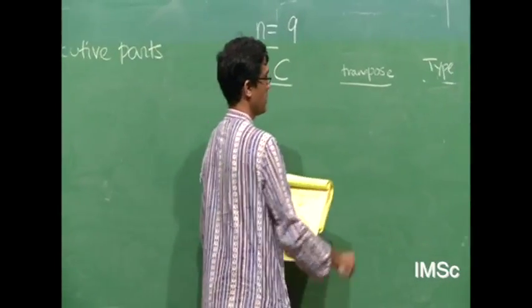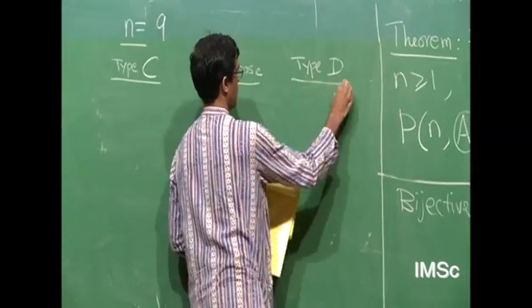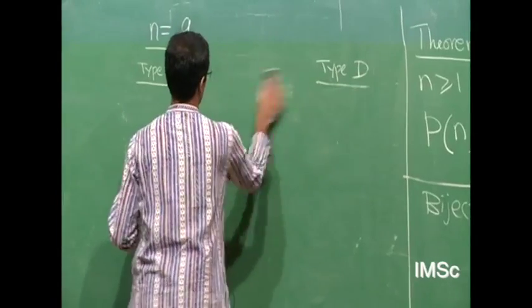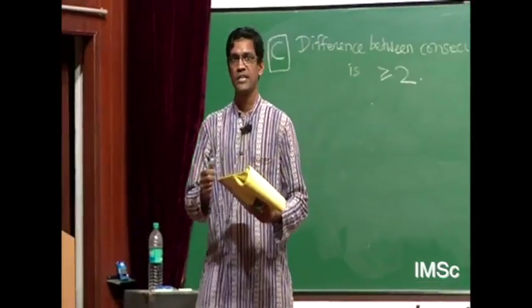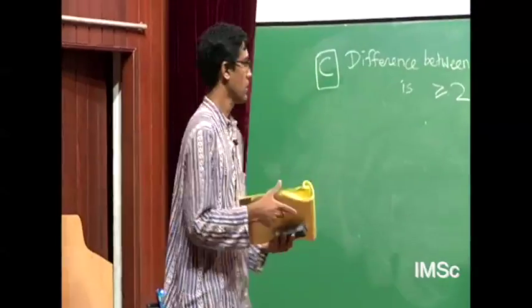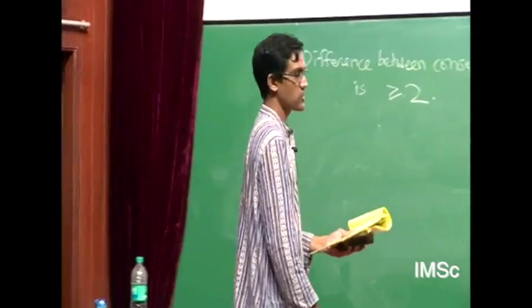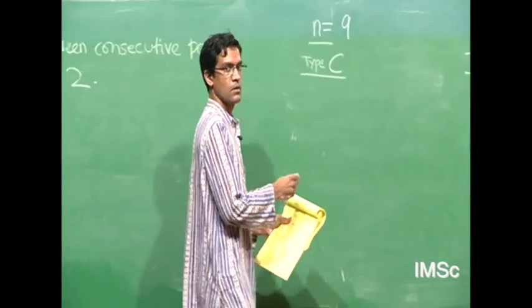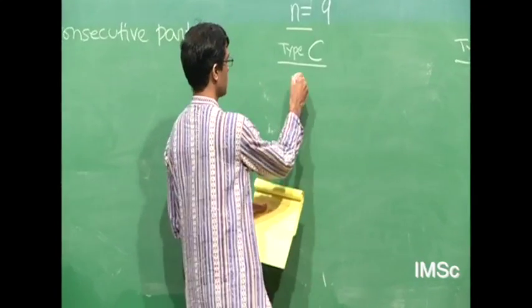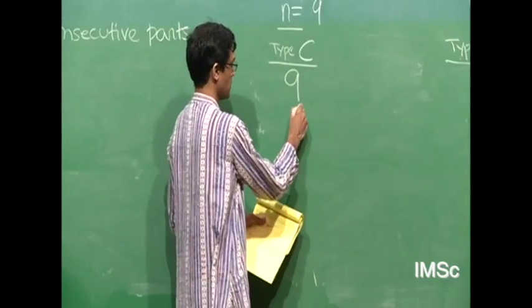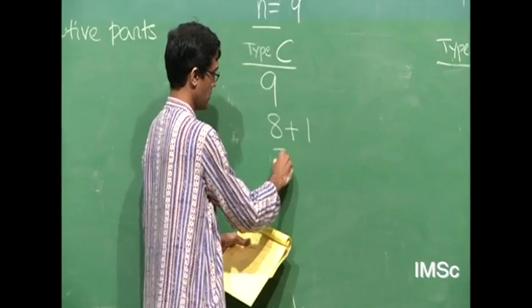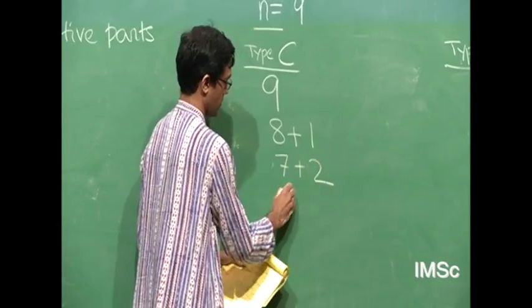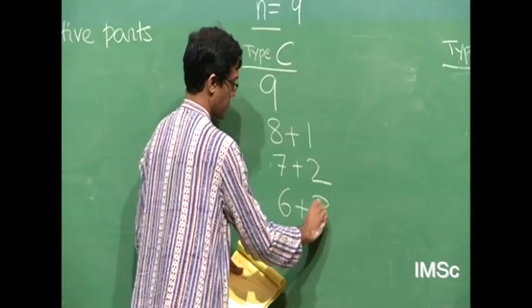Here's type C. I'll soon have type D. What are all the partitions of 9 which satisfy this condition, that difference between consecutive parts is at least 2? What's the very first one? 9 itself. 8 plus 1 is fine, difference is 7. 6 plus 3.